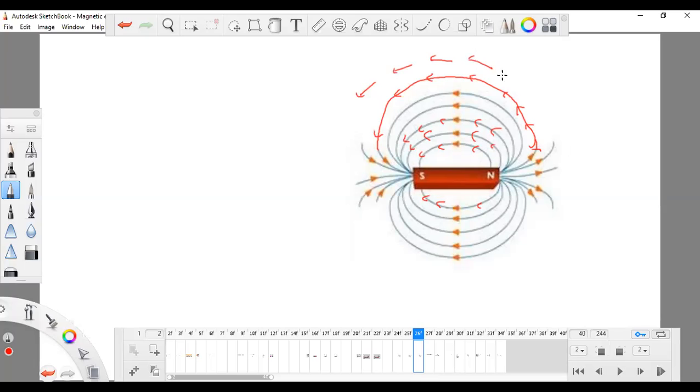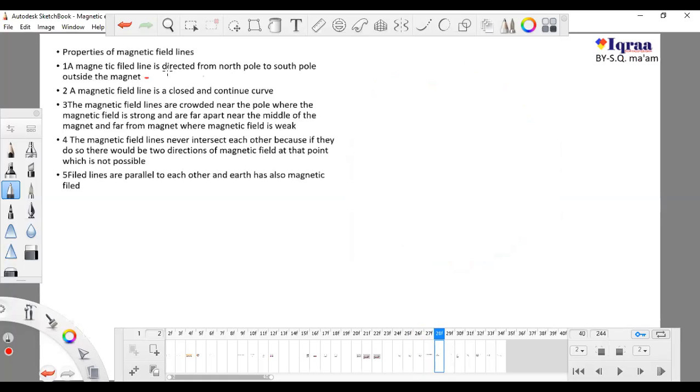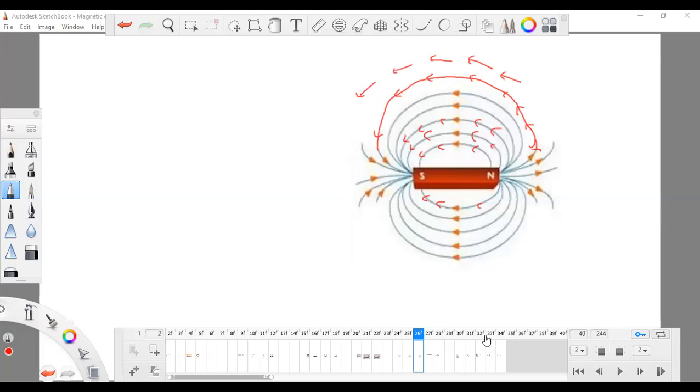If we complete this, what does it say? The direction of magnetic field lines is from north pole to south pole outside. This is the north pole, we know, and this is our south pole. So the direction is from north pole to south pole outside, on the outer side.